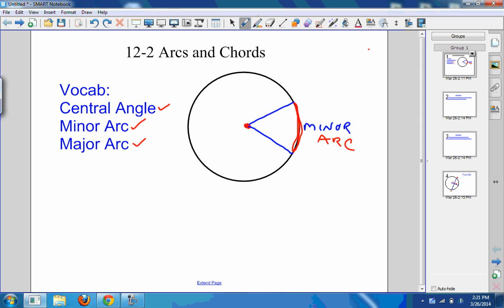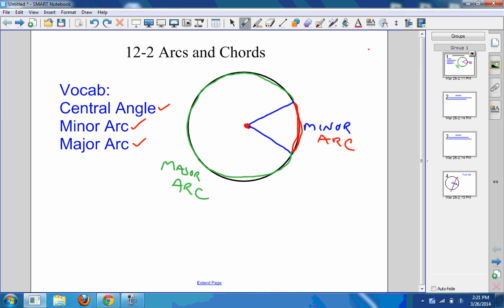Now my major arc is going to be the rest of it here. That is the major arc. The way that we measure arcs is in degrees, just like we did with angles.